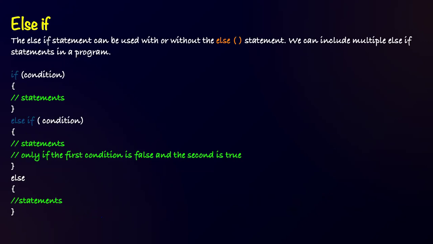Else if, my favorite, and very useful. Okay, very helpful. The else if statement can be used with or without the else statement. We can include multiple else if statements in a program, of course, that's its purpose.